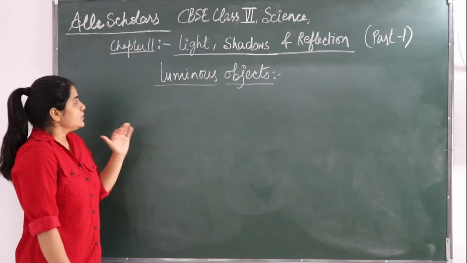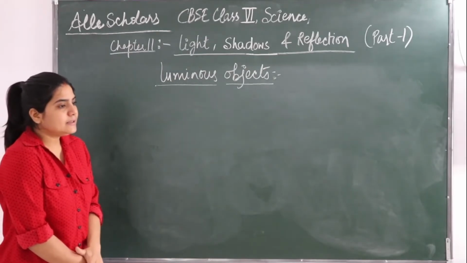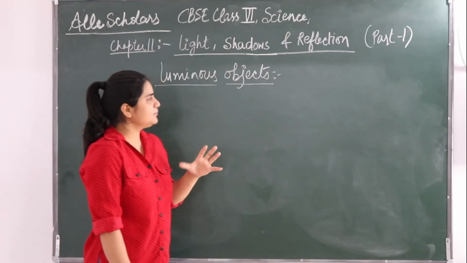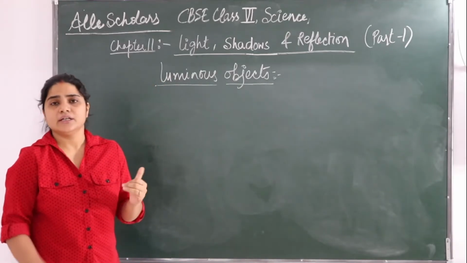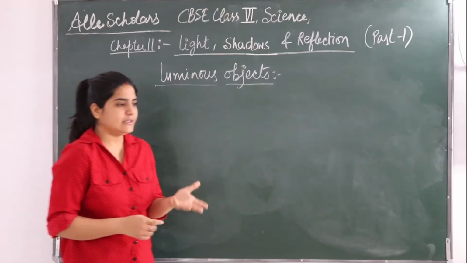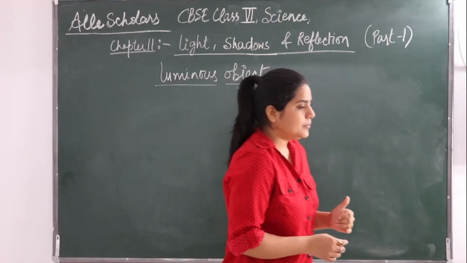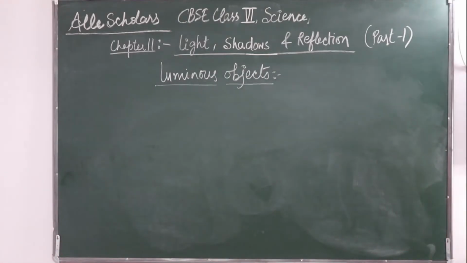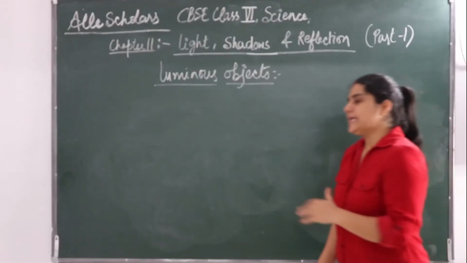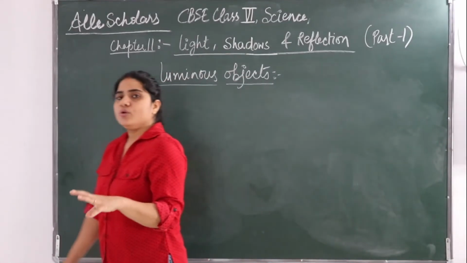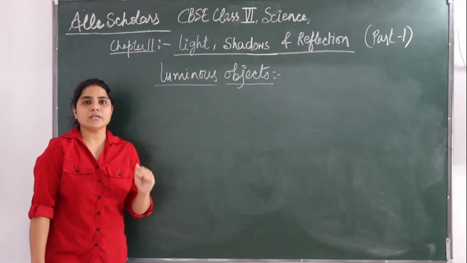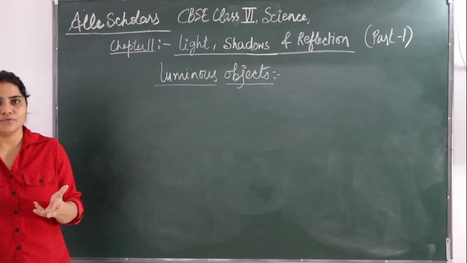Fine. So if you see the examples, there is a tube light. Tube light gives its own light. A bulb is there. Our sun is there. Stars are there. So these are luminous objects because they give light of their own.